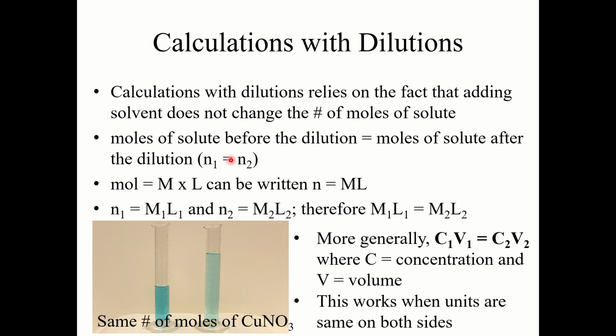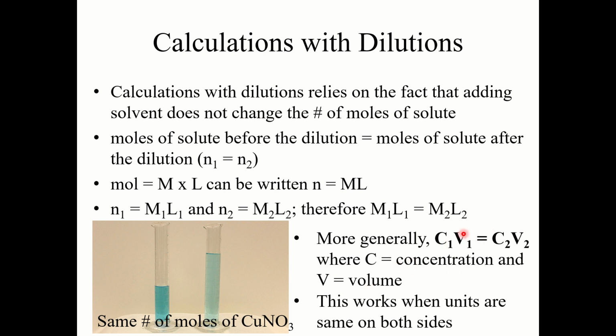Therefore, since n1 equals n2, we can say M1 L1 equals M2 L2, or more generally, C1 V1 equals C2 V2. So this is the equation we will use. C1 V1 equals C2 V2, where C equals concentration and V equals volume.